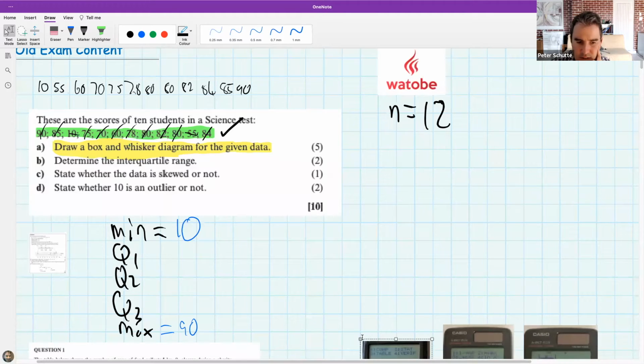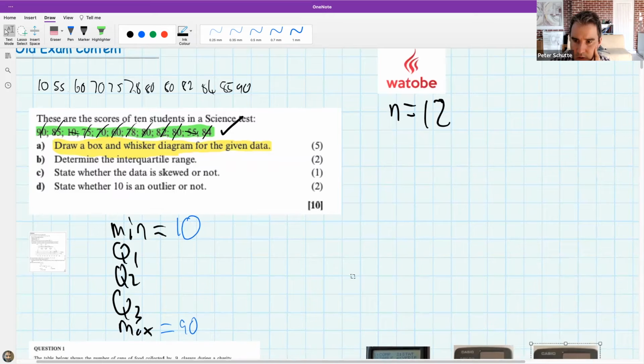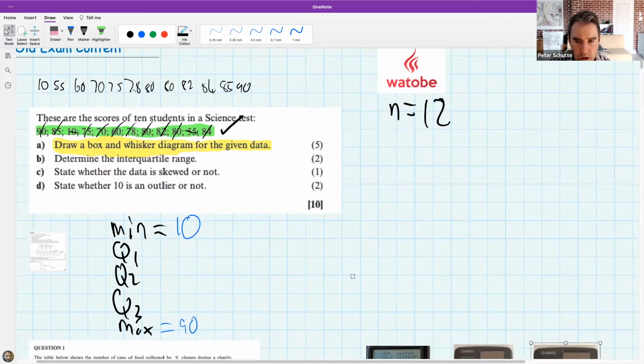Okay, so Hariva has said that the minimum value is 10, which I agree with. So I see Hariva's got all sorts of values.